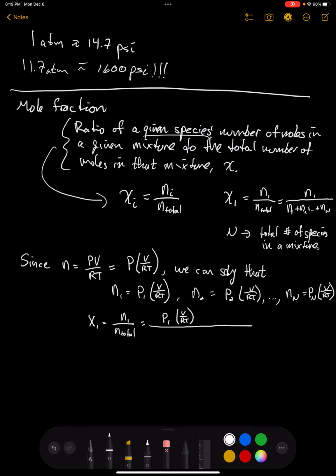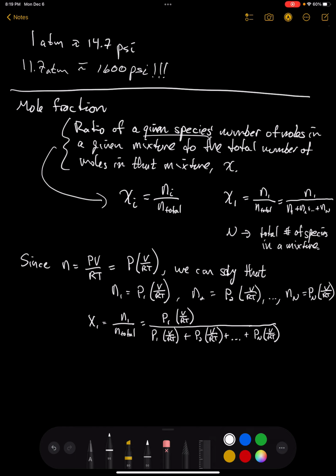So N total is N1, which is P1, times V all over RT, plus P2, that's N2, times V all over RT plus dot dot dot plus P sub n times V all over RT, that's N sub n.